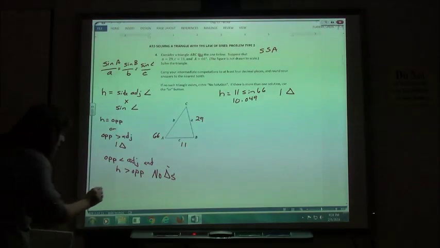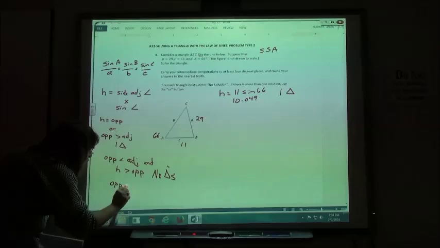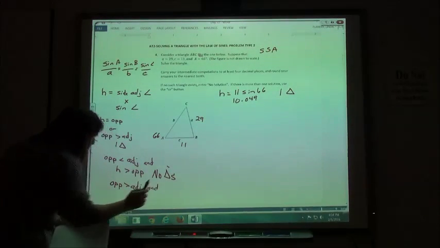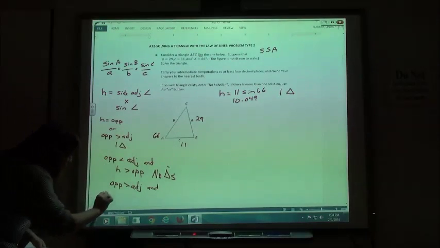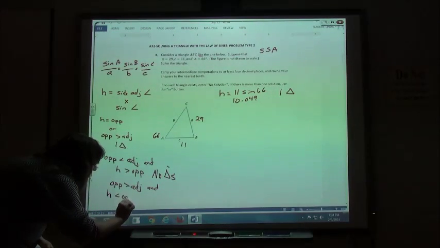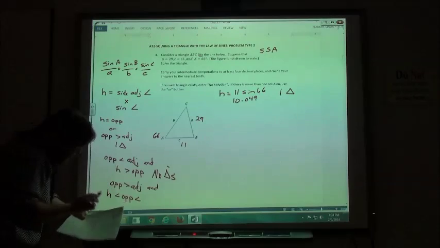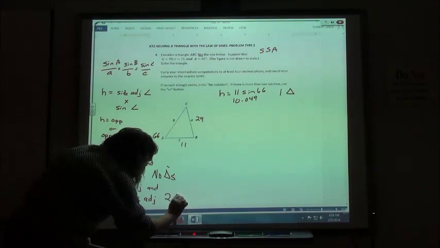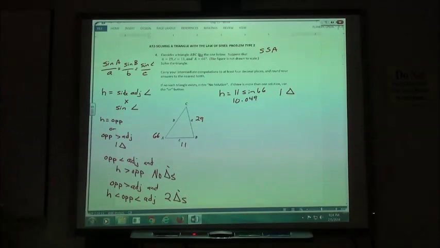If my opposite side is greater than my adjacent side and H is less than the opposite side, which is less than the adjacent side, then I end up having two triangles that work.